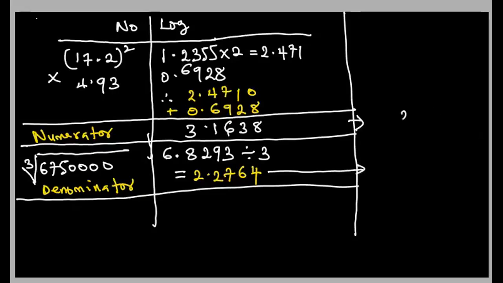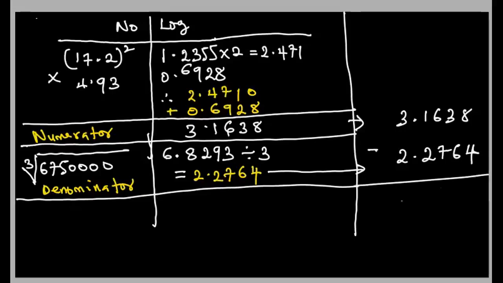We have 3.1638 minus 2.2764, and that gives us 0.8874. So we've done the major things.